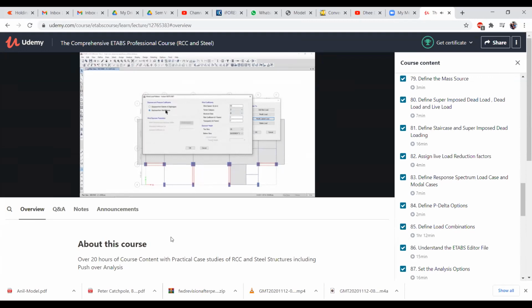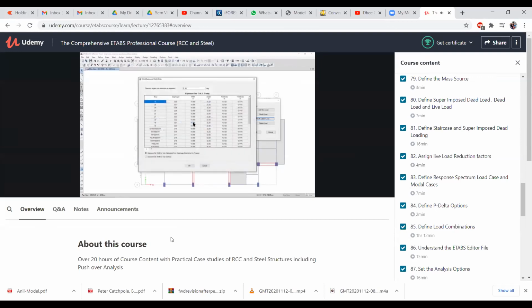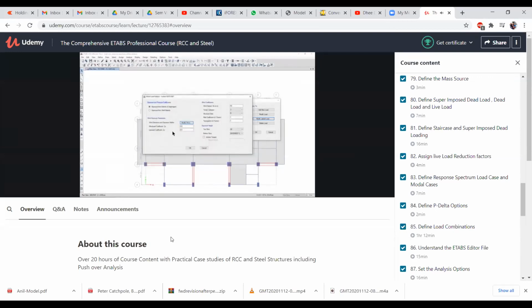But with exposure from shell objects, we have to model a zero property shell on the face of the building. And with this option, that is exposure from the extent of diaphragms, windward and leeward coefficients we have to calculate and enter the data here. So all the data is somewhat confusing and not clear to all practicing structural engineers.